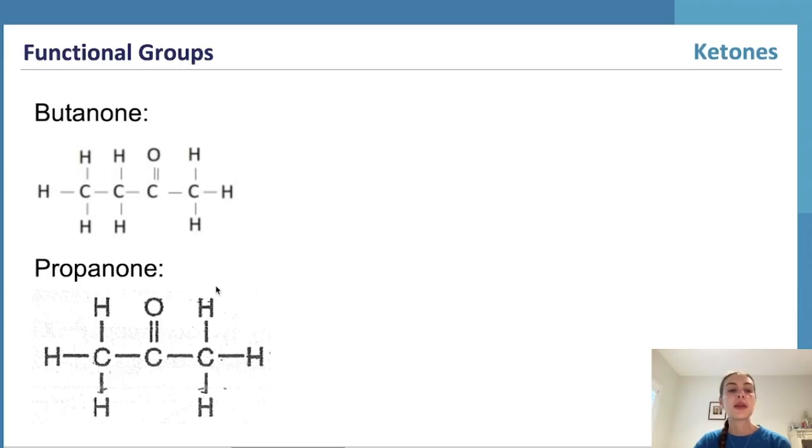The next one we can look at is propanone. Propanone is our general propane chain, 3 carbons along the main chain making the propane part of the molecule, and then the ketone part being the double bonded oxygen, the carbonyl group, in the middle of the chain, which changes this from a regular propane molecule to a propanone molecule.